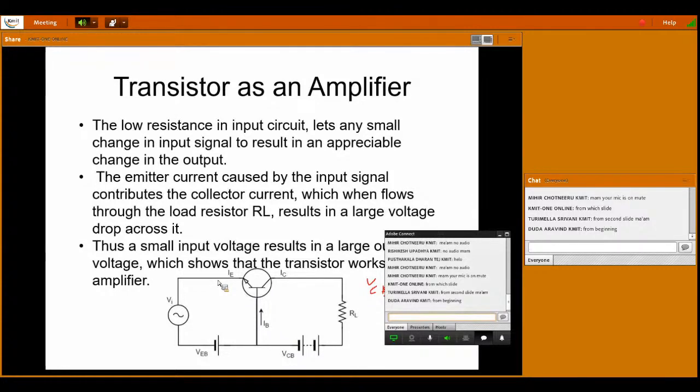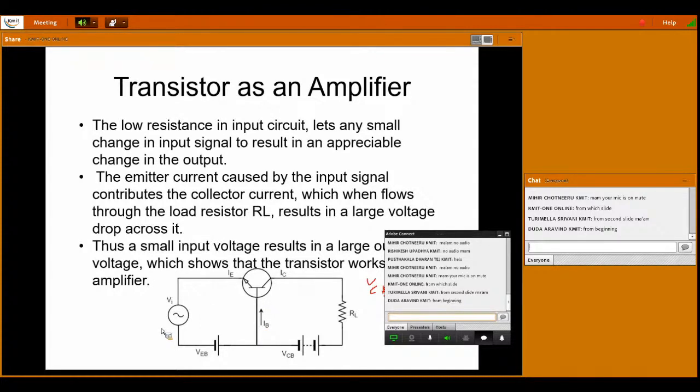The flow of collector current through the load resistance gives a large output voltage drop across the load resistor RL. Thus, a small change in input voltage can give a large output voltage. Hence, these amplifiers are known as voltage amplifiers.